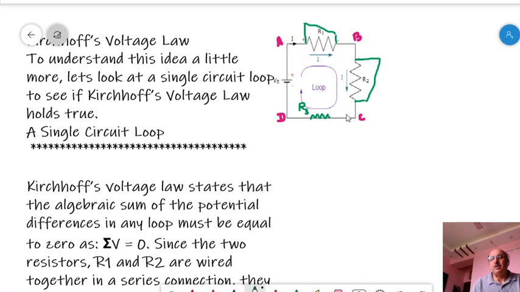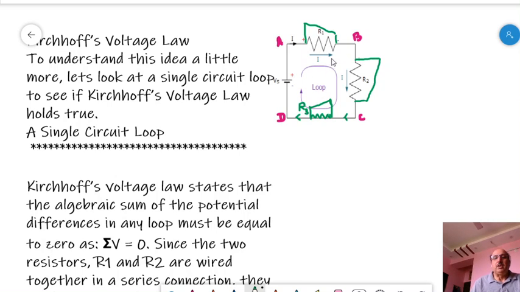Then the current is flowing in this direction from C to D. So this point is at a higher potential level, and this end is at a lower potential level. The bar at higher potential is longer and shorter at lower level. So the potential is falling like this.